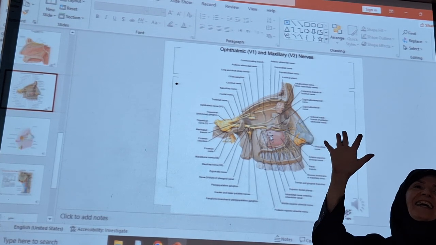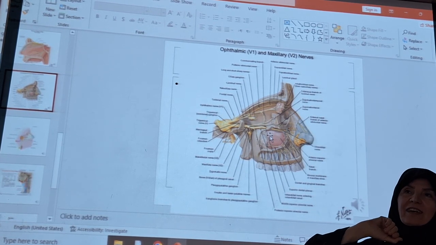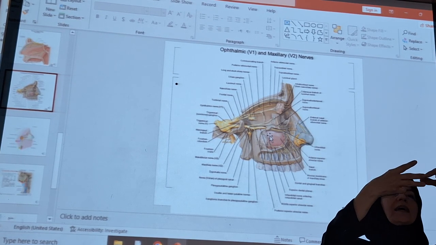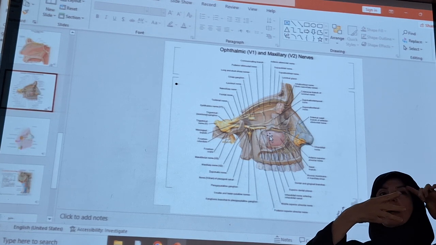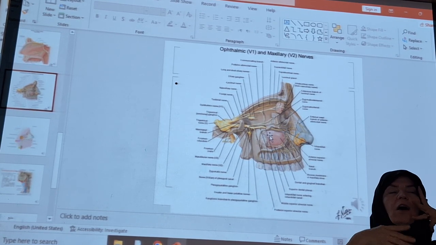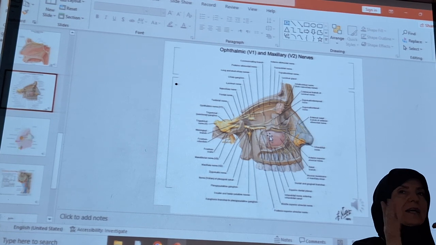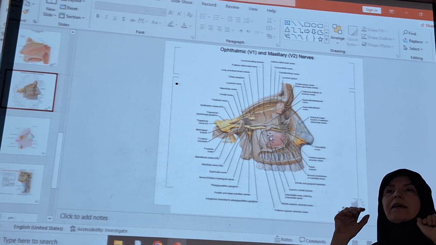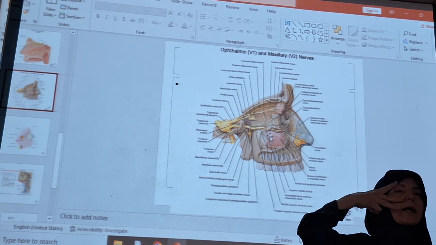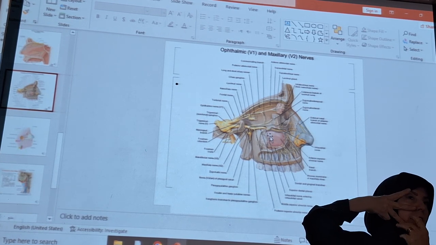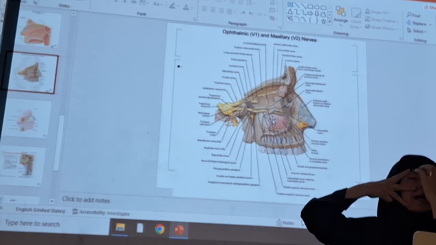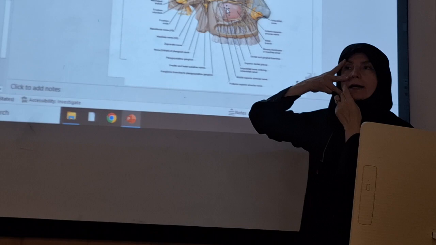The trigeminal is the fifth cranial nerve. This trigeminal is going to divide into three branches: the ophthalmic, the maxillary, the mandibular. The ophthalmic and maxillary have some branches for the nasal cavity, not the mandibular branch.